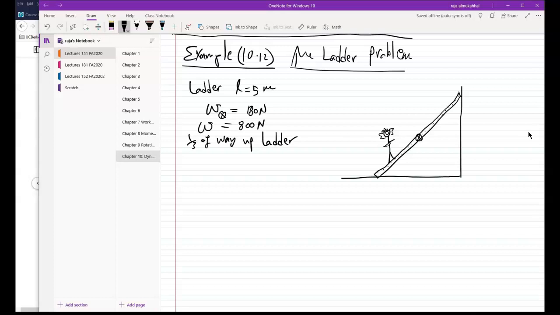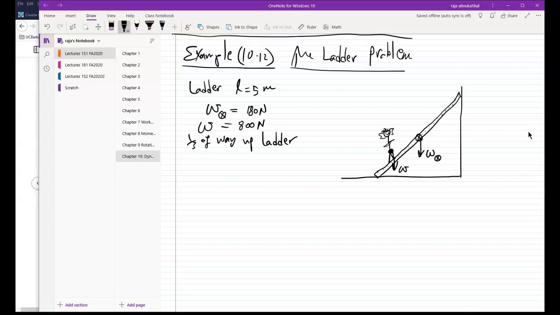And before I ask the questions, let's look at what are the forces on the ladder. Well, let's see. Here is the weight of the guy. Let me just put it right here. That's the weight right here. So basically we have the weight of the ladder itself. I'm going to call it W sub X like that. And then you get the weight of the painter like this.